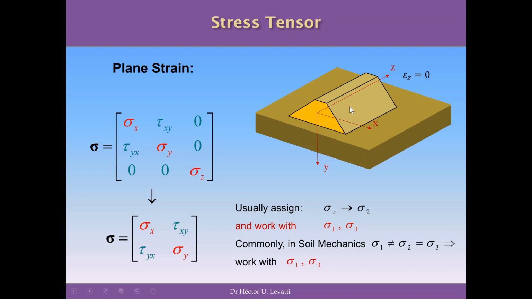In the case of the dam, because the dam is very long, and this dimension is considerably bigger than the other 2 dimensions in x and y, we can imagine that under loads, because of the disposition and direction of the loads, the strain in this direction will be equal to 0 or very close to 0.